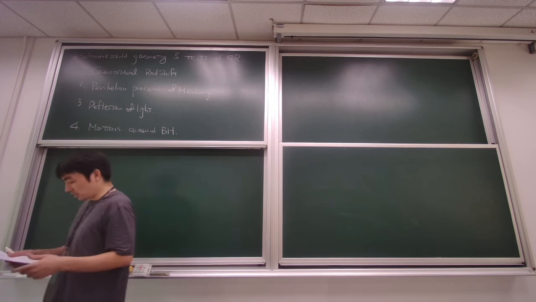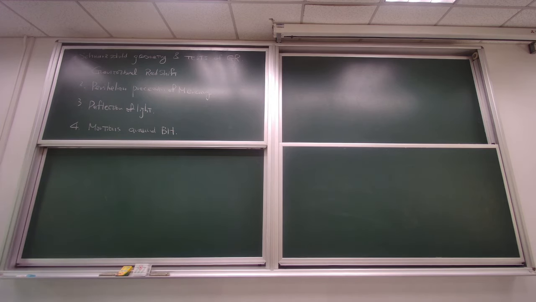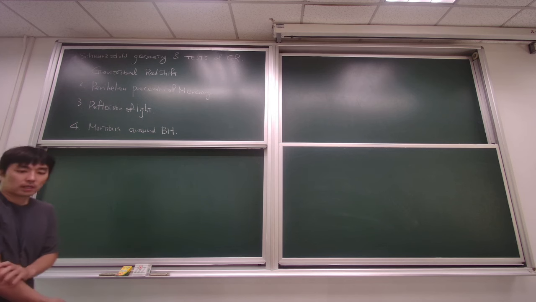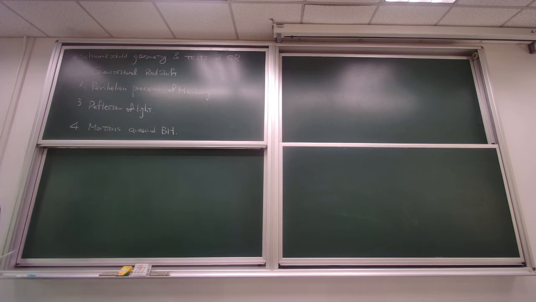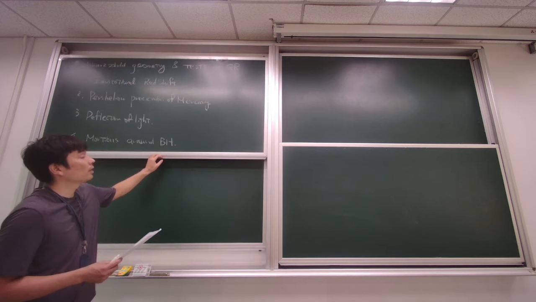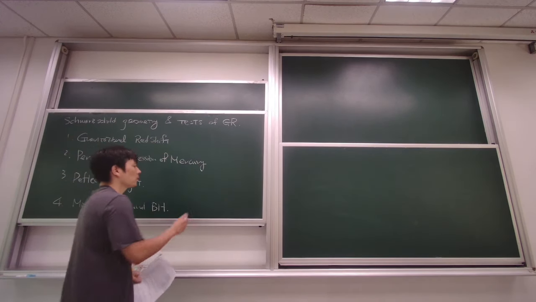I don't know how fast I'm going to do that because some of you are already familiar with this concept. If not, it's better to learn because it's very basic in GR. So those are what I'm going to talk about today. If possible, I will talk about the so-called Volkov theorem.